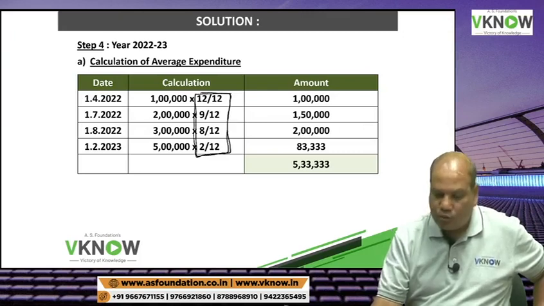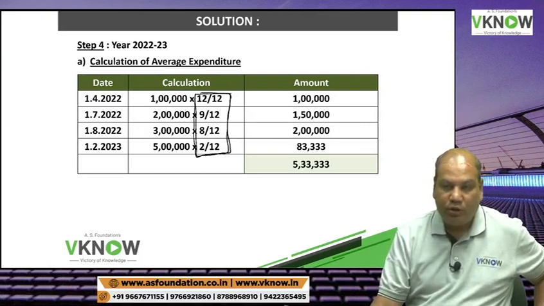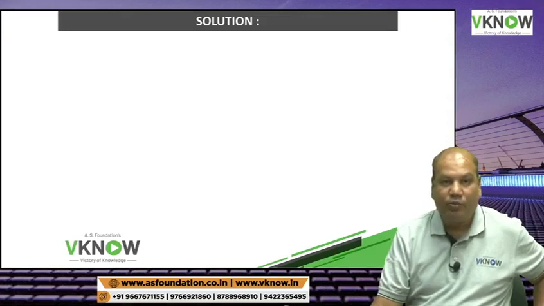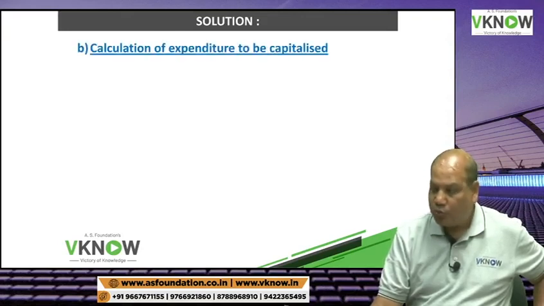Now we just need to multiply by the interest rate, and that will give me the borrowing cost to be capitalized for first year. So point number B, write down.